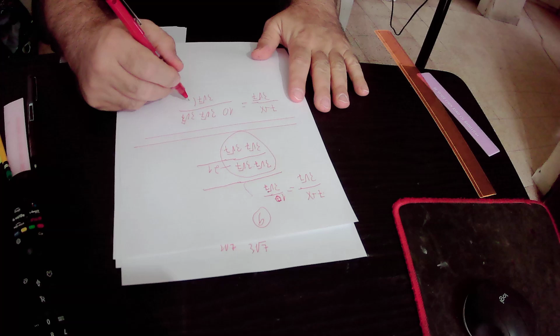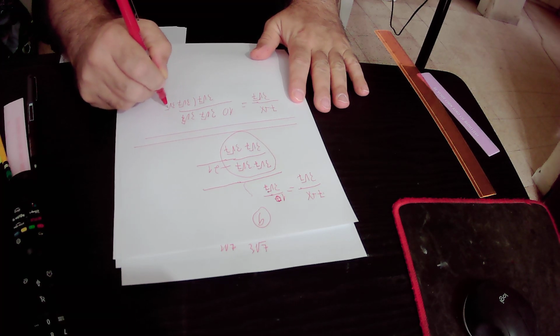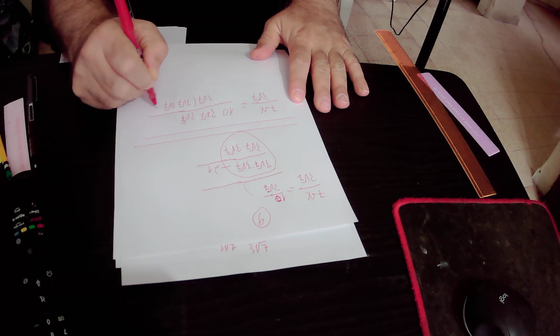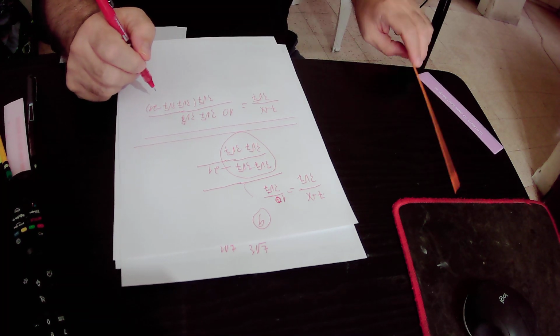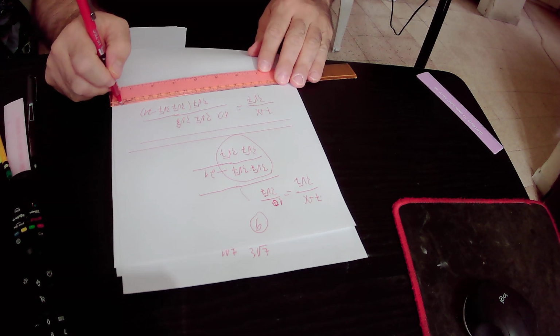That is 3 times root 7 times 3 times root 7 minus 21. Okay, so we got this equality.